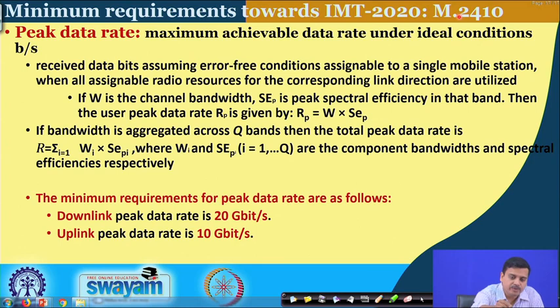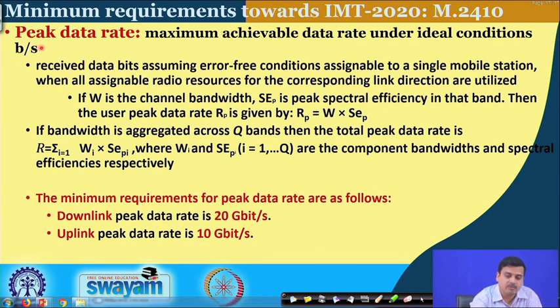So let us look at the minimum requirements specified for IMT 2020. One of the characteristics is the peak data rate, which is a minimum requirement. It is the maximum achievable data rate under ideal conditions. This is very important, and it is measured in bits per second.